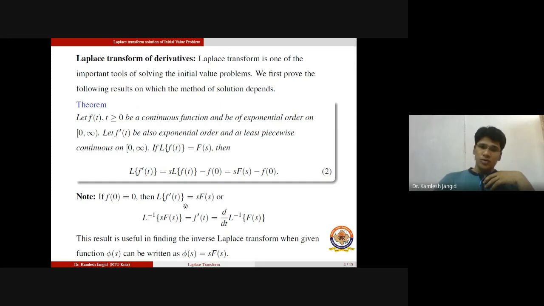This result is very useful when your Laplace transform can be written in the form s times the Laplace transform of small f. So this result is useful in finding the inverse Laplace transform when the given function phi(s) can be written as s times F(s).